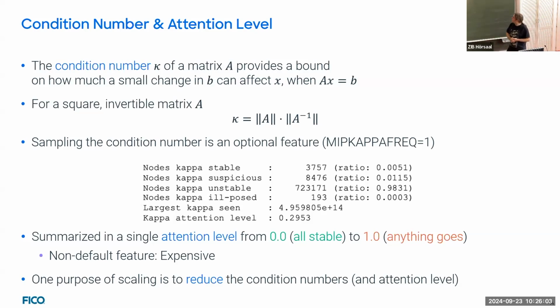This will give you a number between 0, which you would get if and only if all of your kappas, all of your condition numbers were stable, or 1 if all of them were ill-posed, and the closer you are to 1, the more likely it is that your solver saw some numerical troubles, and that it even might give you wrong results in the end, because, well, we talked about the floating point representation of numbers. You might remember that you can represent up to 15 digits in a double floating point.